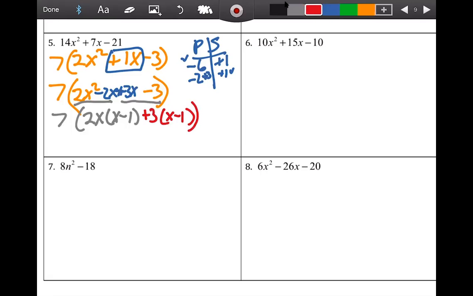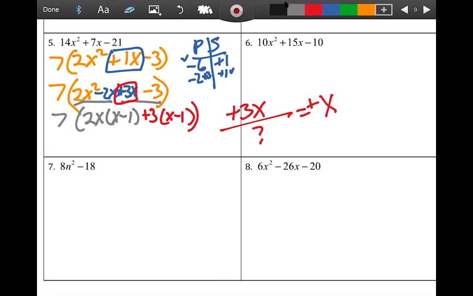Wait, so how did you know to do the positive and not the negative one? Well, I need an x that's positive because of that x. What do I divide this number by to get the x? I want this positive x here.